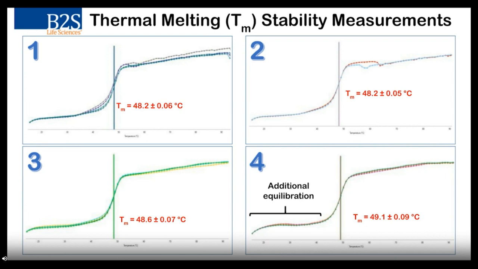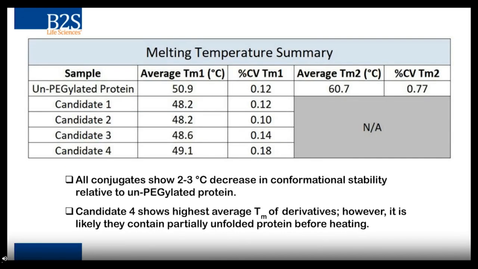The candidate 4, again with the larger PEG, is slightly higher, indicating a slightly improved conformational stability, but it also has another spectral feature where there's an additional equilibration event at the low temperature region, so about 15 to 45 degrees. There's a small hump in the BCM fluorescence.